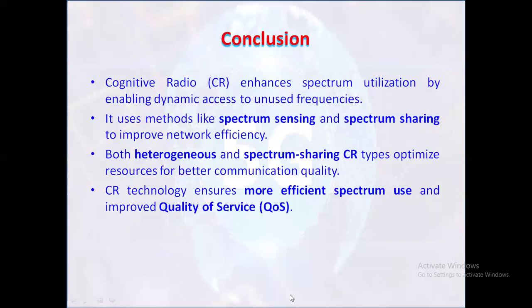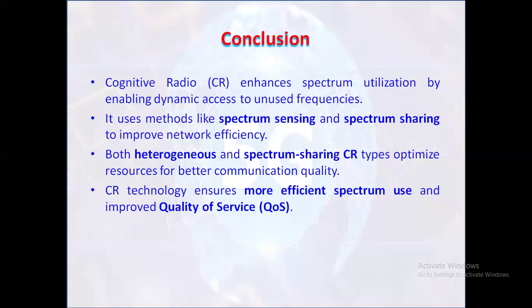Coming to the conclusion, cognitive radio enhances spectrum utilization by enabling dynamic access to unused frequencies, and it uses methods like spectrum sensing and spectrum sharing to improve network efficiency. CR employs spectrum sensing to detect free frequencies, spectrum sharing to enable multiple networks to use the same band efficiently, and both heterogeneous and spectrum sharing types optimize resources for better communication quality.